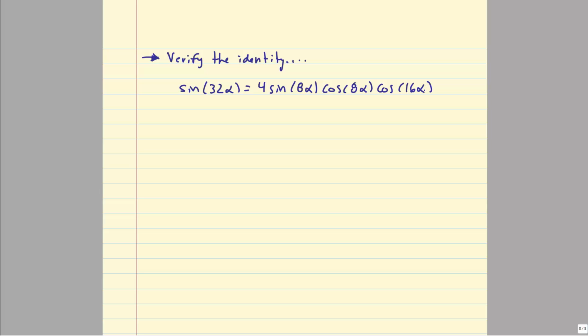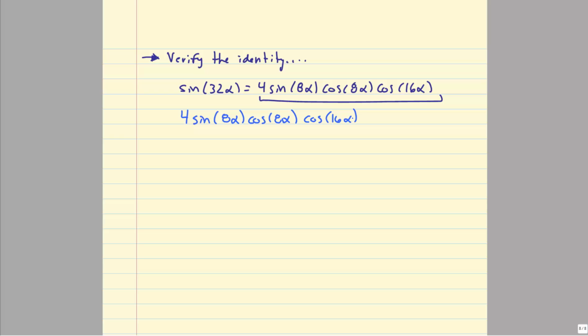On this one, I definitely think the right-hand side is more complicated, so let's start with that: 4 sine 8 alpha, cosine 8 alpha, cosine of 16 alpha.